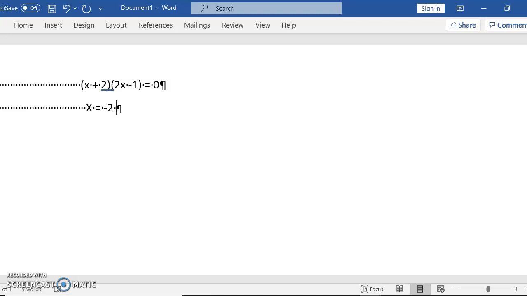So if x is -2, you will have -2 plus 2, -2 plus 2, times 2 times the -2 minus 1.